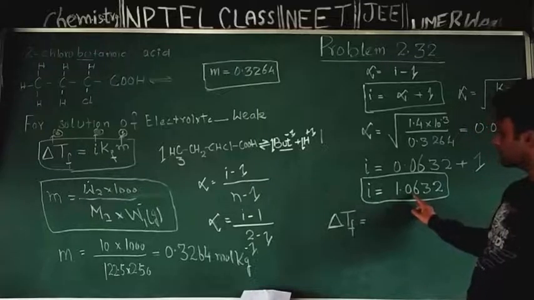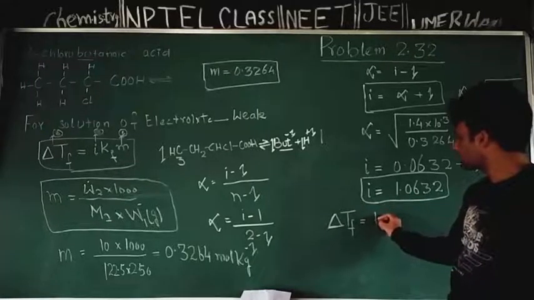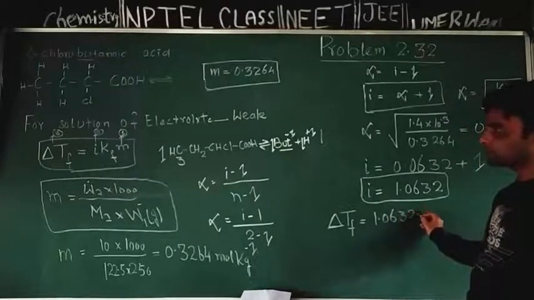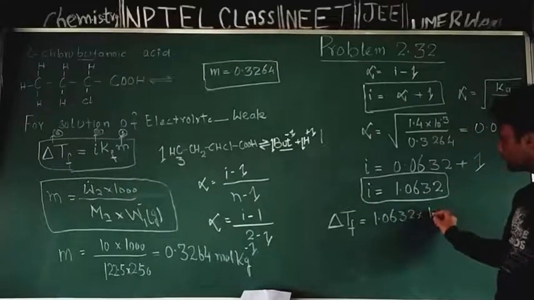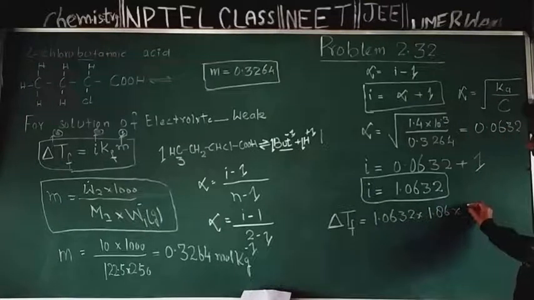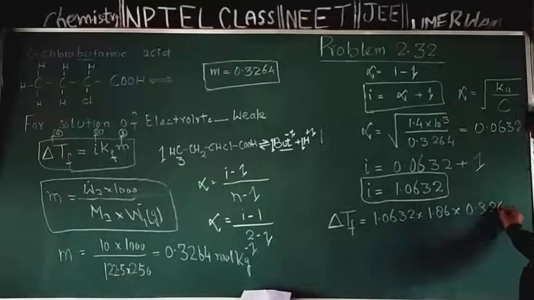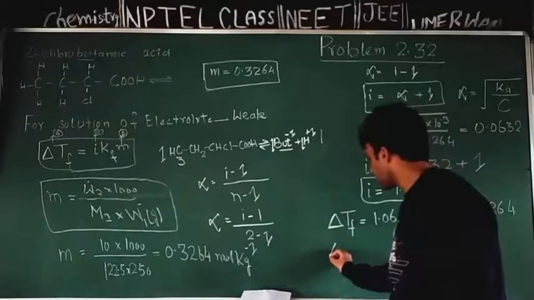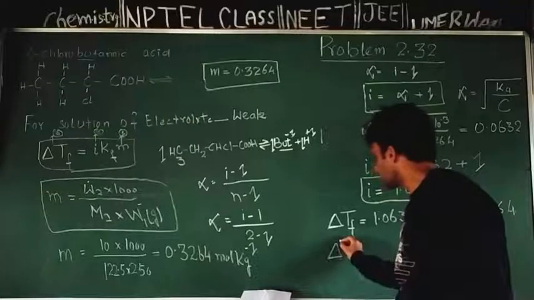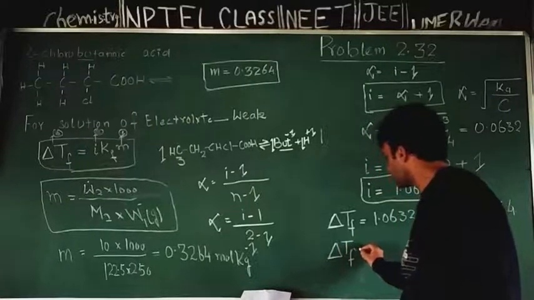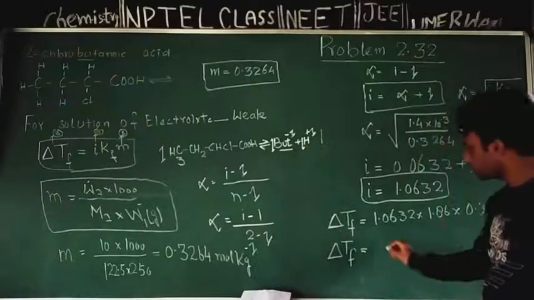I will substitute simply the values. i is equal to 1.0632 multiplied by Kf, which is given for water, 1.86, and molality I also calculated equal to 0.3264, and the value, I have already done my calculations in order to save time, of depression in freezing point comes, depression in freezing point is equal to what?